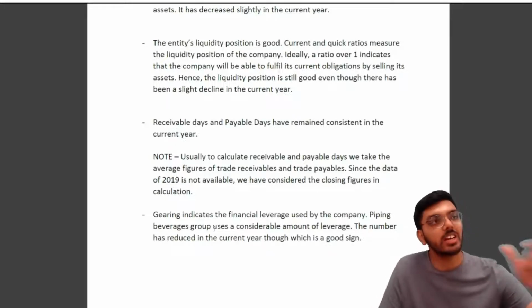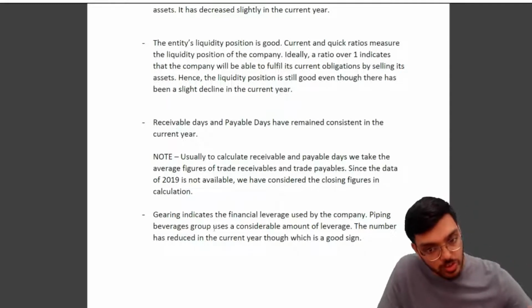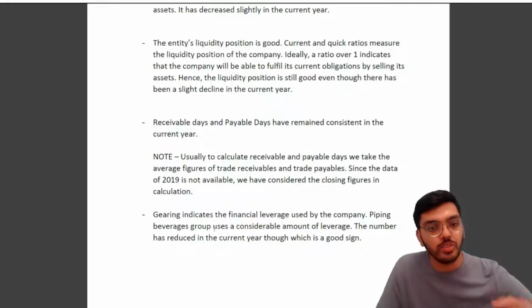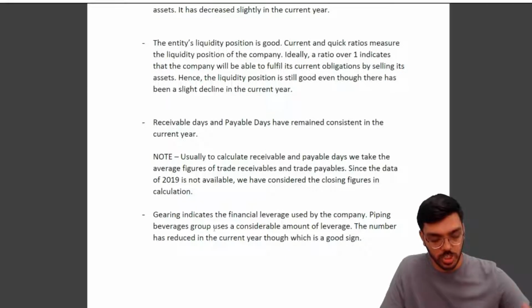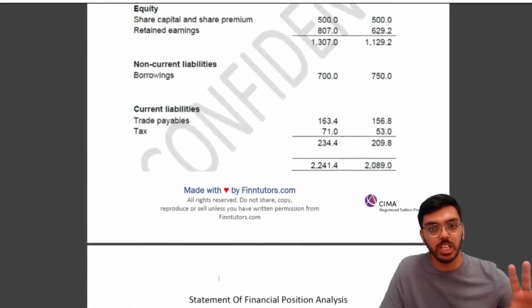So a highly geared company is considered to be a risky company. Piping Beverages is using a considerable amount of leverage. The number has reduced in the current year, which is a good sign, but still the financial leverage that is being used by the company is one that we need to take account of.